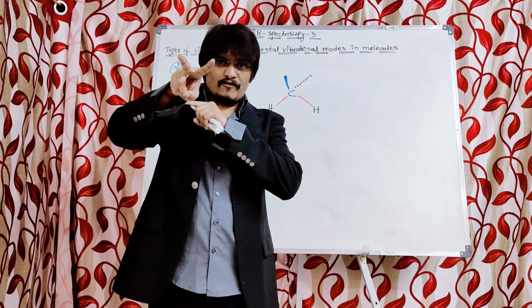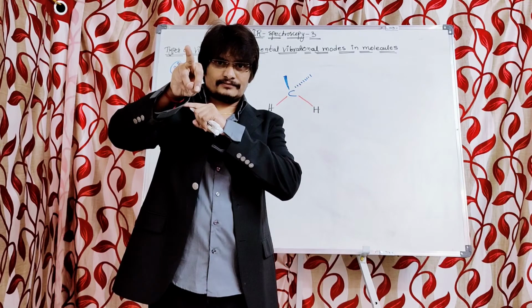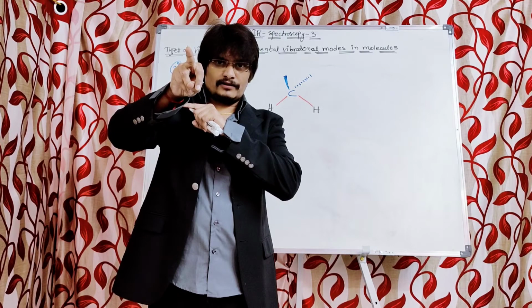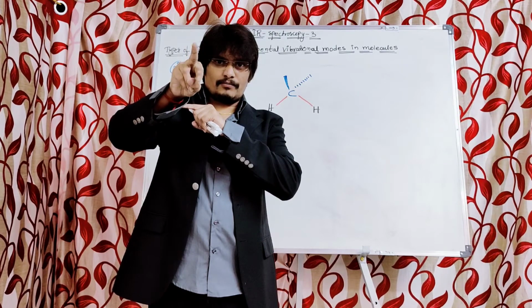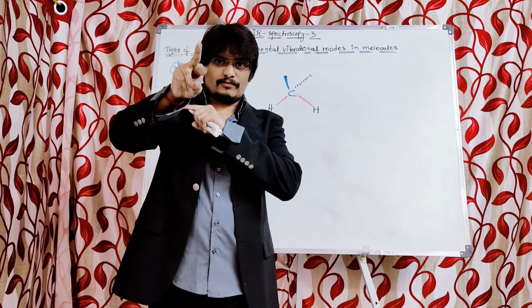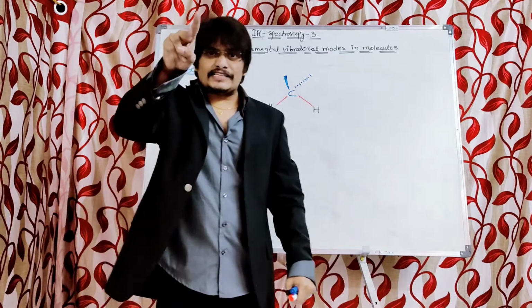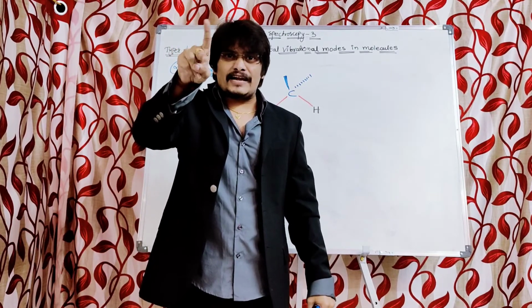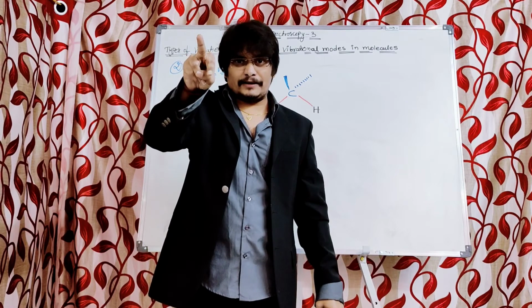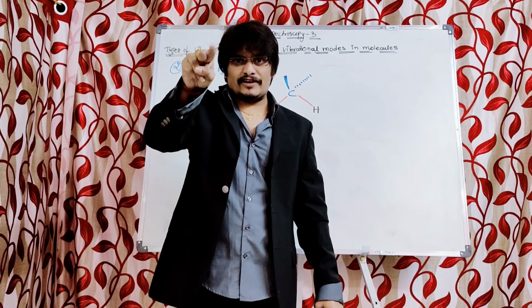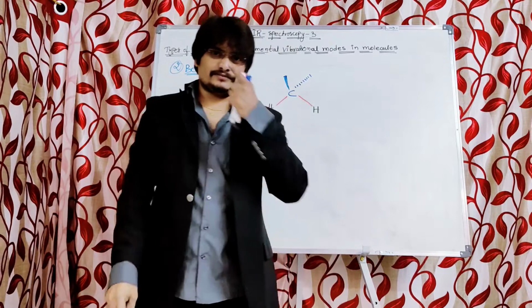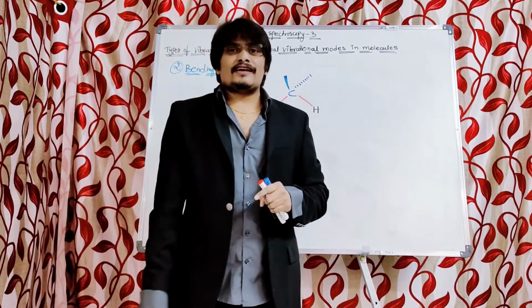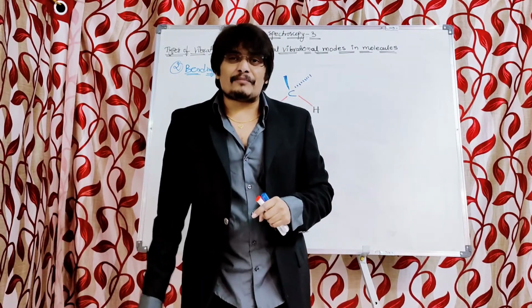One type of vibration is down, up, down, up. So it is nothing but a twisting bending vibration. This is one type of bending vibration.